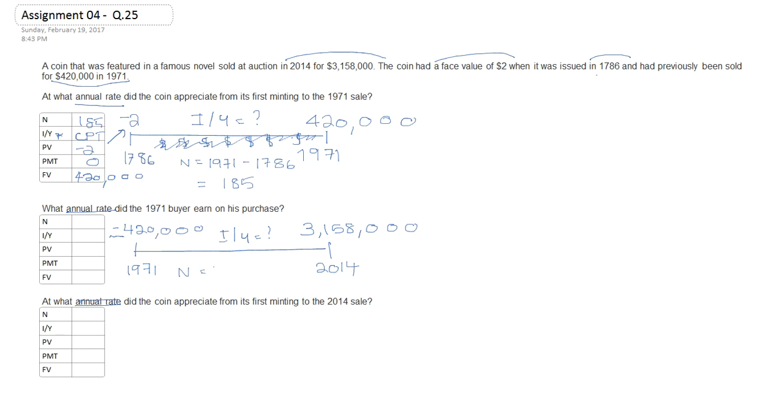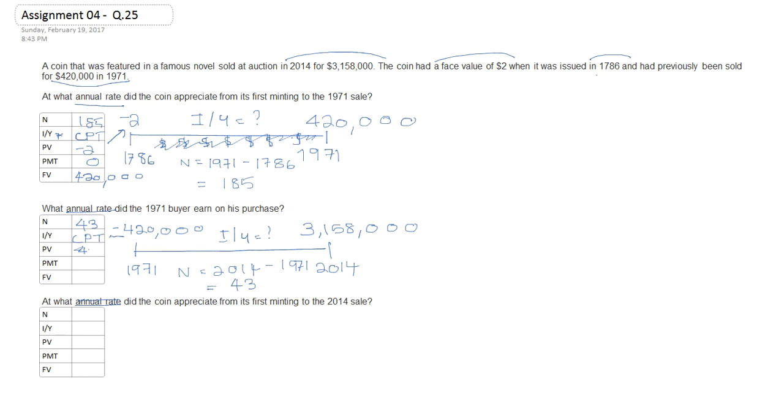The N will be the difference between year 2014 and year 1971, so the number of years between these two periods is 43 years. Now I have everything. I just put it in here: N is 43. IY is what you need to compute.